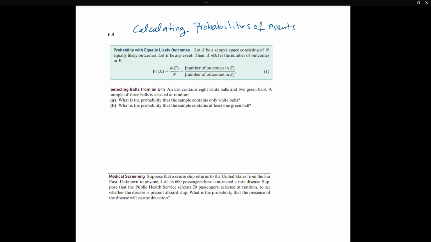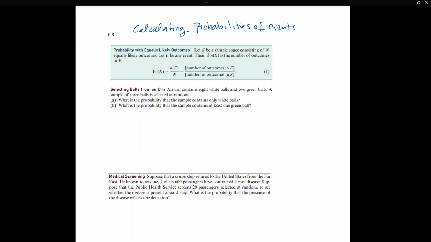And in this topic, probability with equally likely outcomes, just like the previous example of rolling a die. They have equal chance of being a face with 1 or a face with number 6, for example. So in this case, let S be a sample space consisting of n equally likely outcomes.